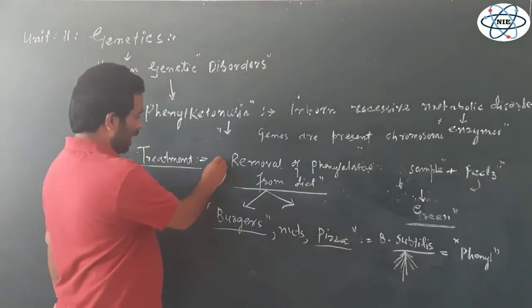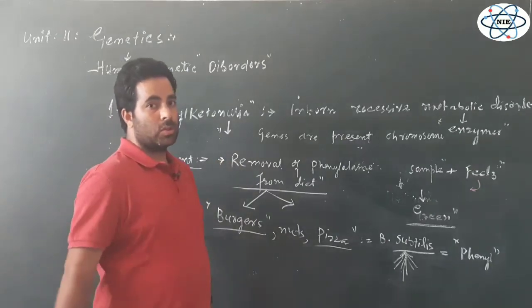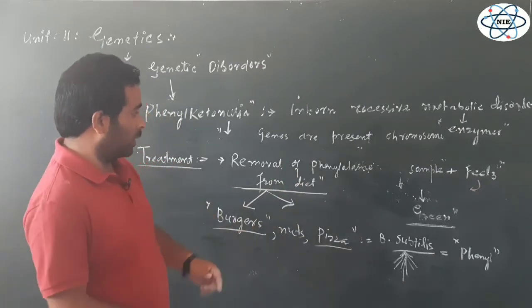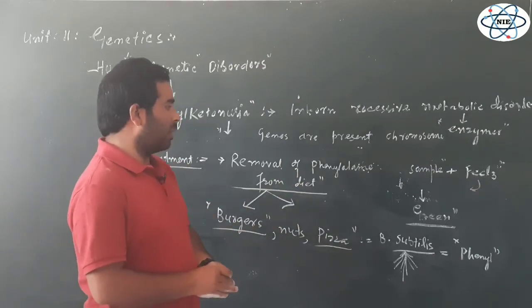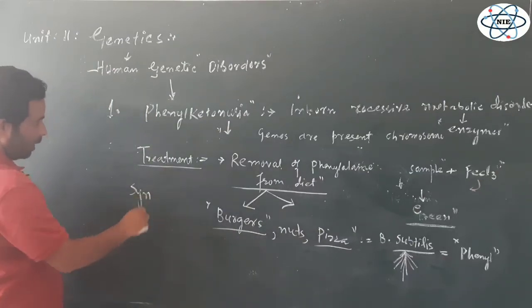So this diet plan is a very tough process, but if we go for this, we can stop the symptoms and the problems that appear because of the accumulation of phenylalanine. And nowadays, many countries use synthetic diets once it is diagnosed in a baby.